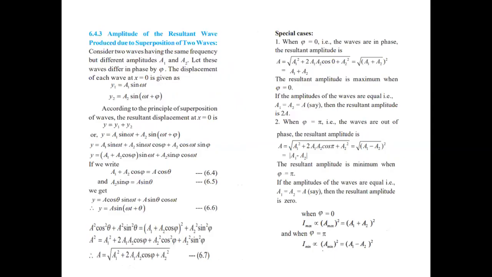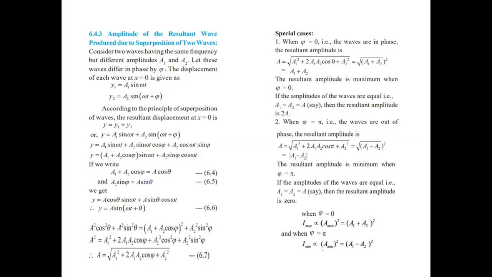Now let us apply the principle of superposition in order to find the amplitude of the resultant wave produced due to superposition of two waves. Consider two waves having the same frequency but different amplitudes A1 and A2. Let these waves differ in phase by phi.